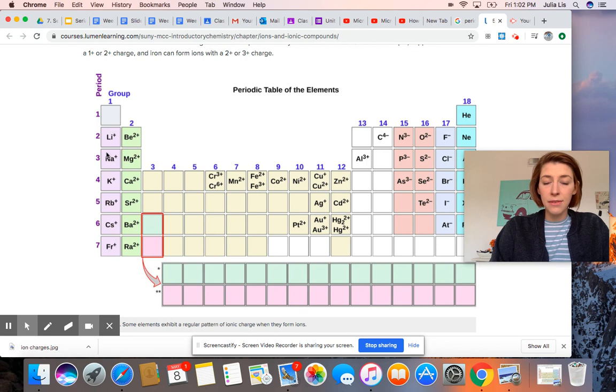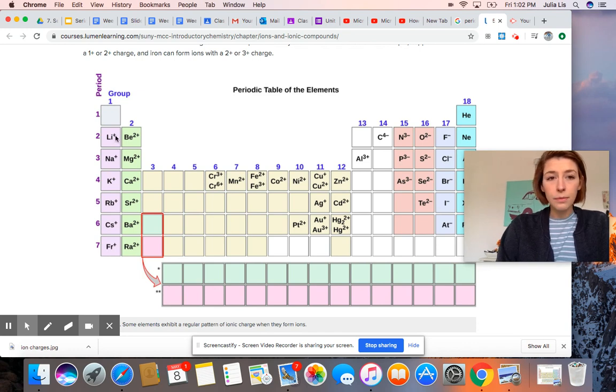I've mentioned that everything in the same family or group acts very similarly. They have the same properties. These are all called alkali metals in group number 1 or family number 1. So you can see lithium has a positive charge by 1 because it gives up 1 electron. Sodium is also going to do the same thing. It's going to want to lose 1 electron and become more positive by 1.